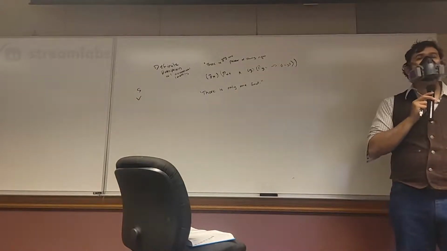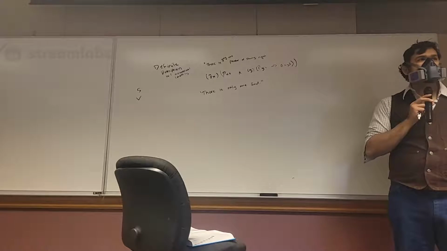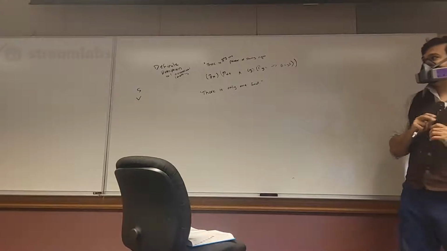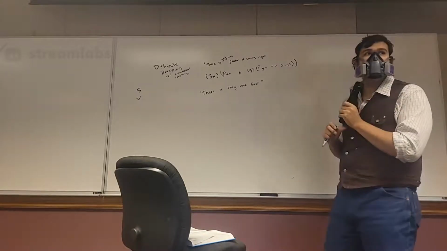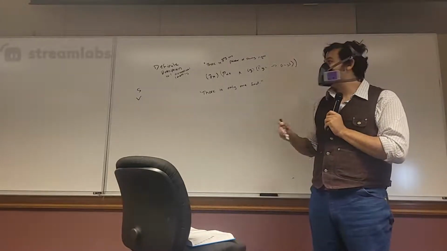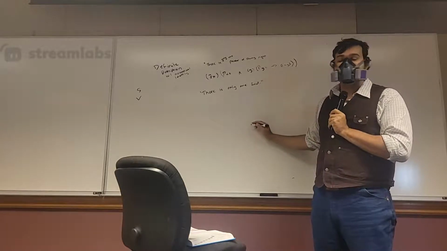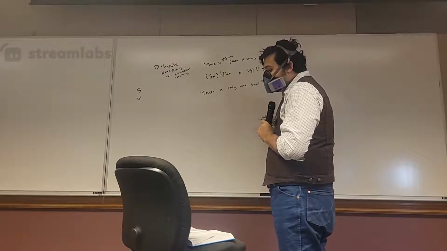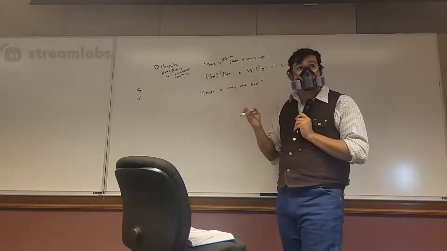There is only one God. Would you not use the exists? Would you say that for any x, x is G, and for any y, if y is G, then x is y? Okay, so let's try that and see if it works.